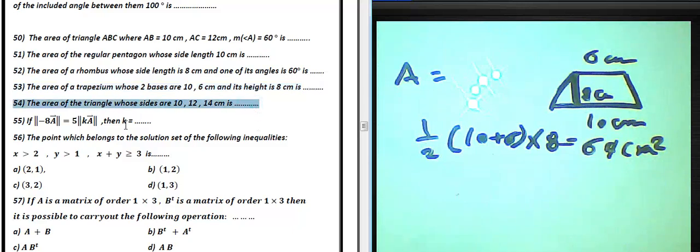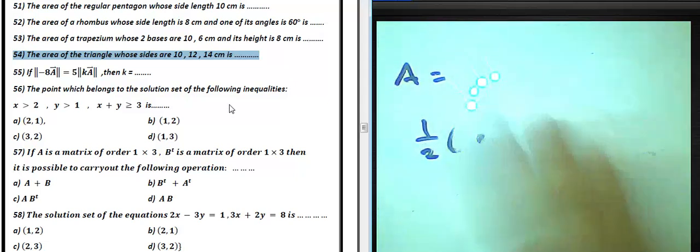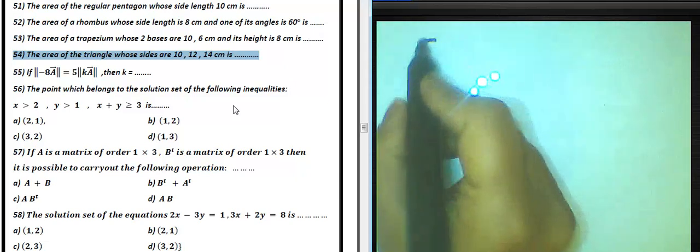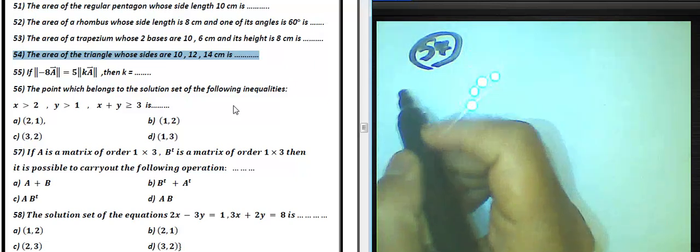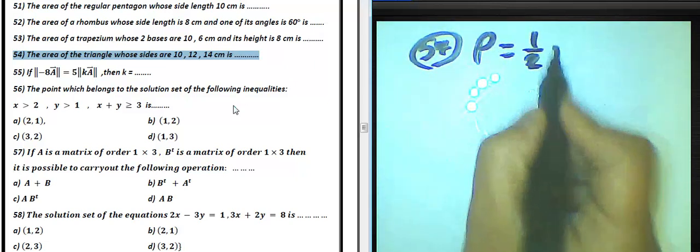The area of a triangle whose sides are 10, 12, 14 centimeters is. To find the area of the triangle, we must find the perimeter first. Perimeter means the sum of all sides of the triangle. Question 54. We know B equals half of the perimeter.